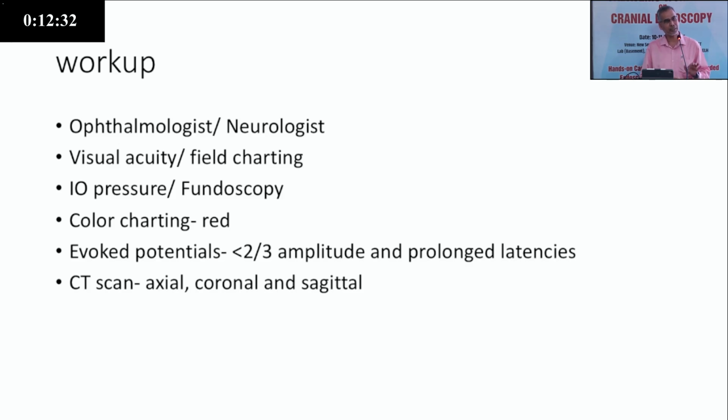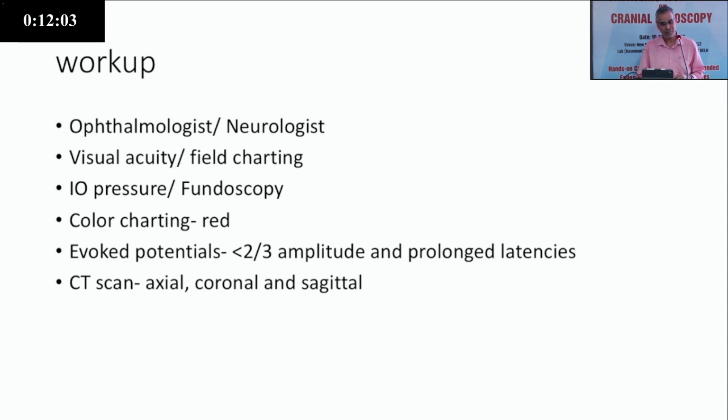So that is the indication that your patient's visual acuity is going down. Get the evoked response. Okay, it is something like ABR for vision. They check the visual evoked potential. If the amplitude is less than 2/3 of the normal side, and also there is a prolonged latency, that is an indication that the vision is going down.